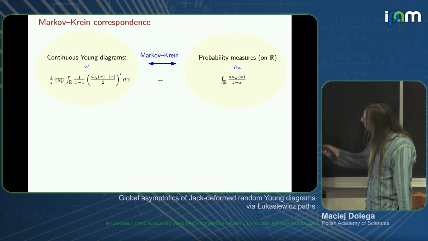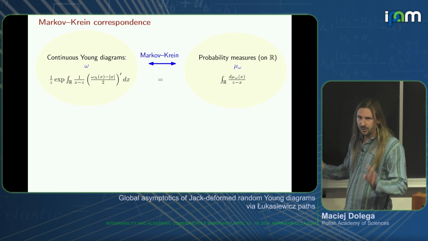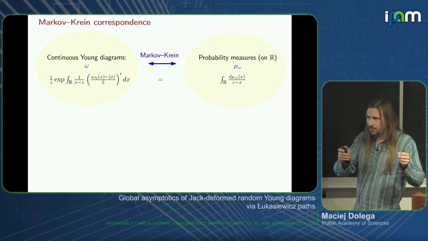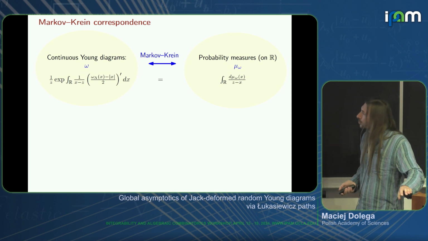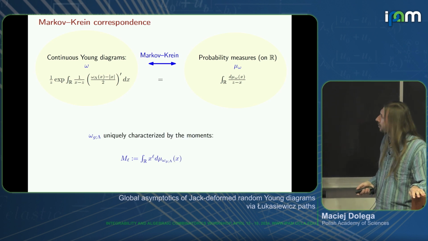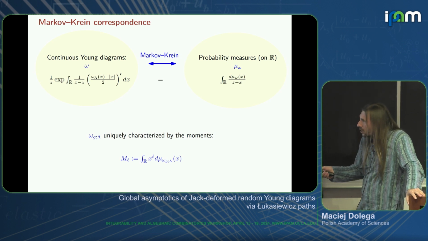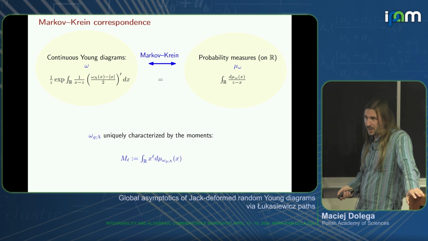So this is something which is called the Markov-Krein correspondence, and it is given by this formula. So if you want to know this, there is a formula, but for now, the important thing is that you can somehow translate your problem into a problem about probability measures on the real line. And one thing that we proved is that our Young diagram, our limit, is uniquely determined by the moments.